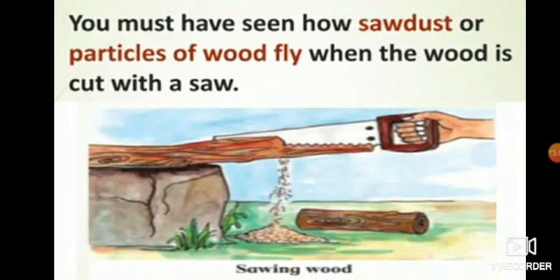So that means this wooden material also is made up of small and tiny particles. Sawdust is a proof. With sawdust as proof we can understand that there are also tiny particles in the wooden material.